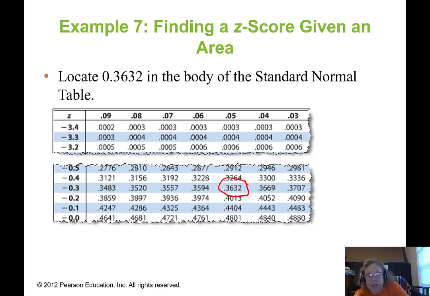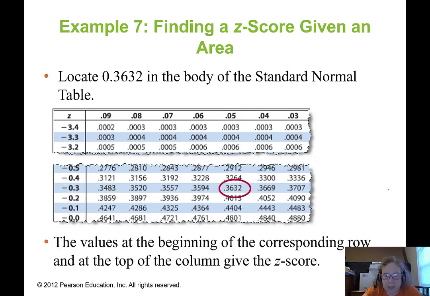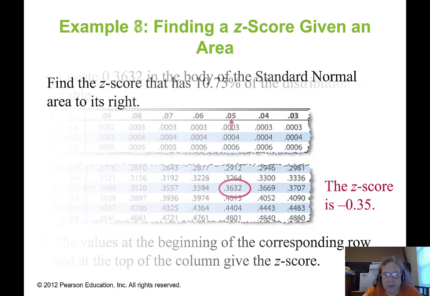When we find it, we're going to have to trace out along the row to see the negative 0.3 in that first column. And then we're going to have to trace upwards to that first row and find the 0.05 to add to that. So basically, the z-score we're looking for is negative 0.35. Following the guidelines here, the values at the beginning of the corresponding row and at the top of the column give the z-score, and there we are.